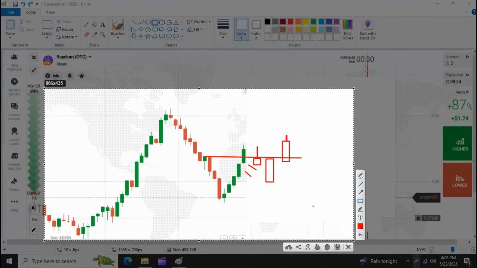Maybe sometimes the market will make one more weak candle and try to reverse, otherwise it will continue. Whenever you see these kinds of strong breakout candles, try to go with buyers or try to avoid.